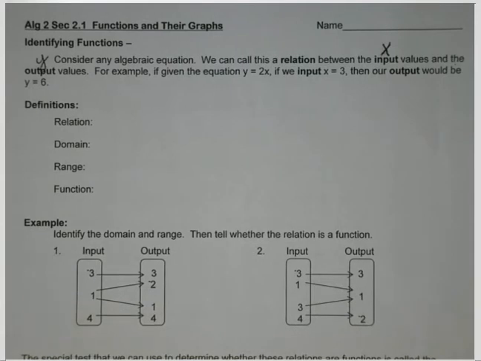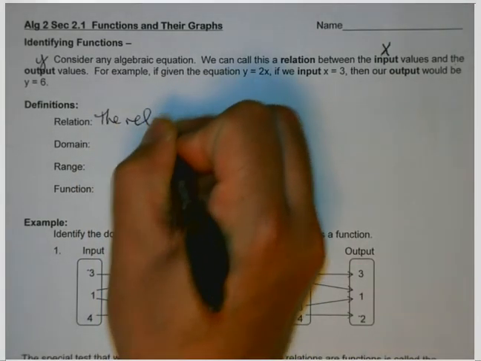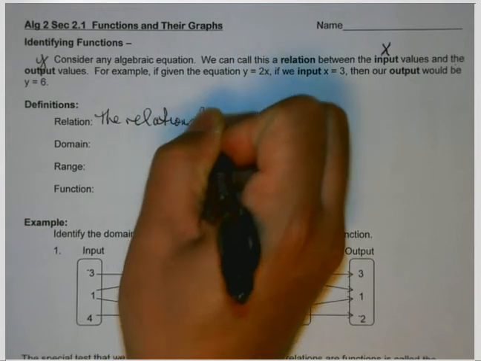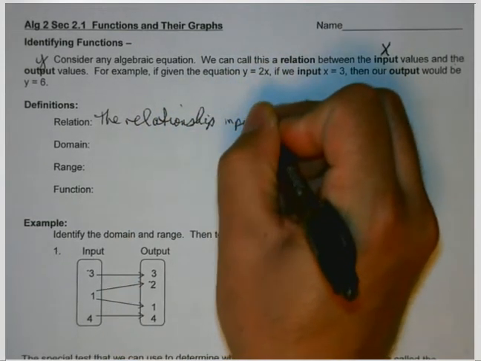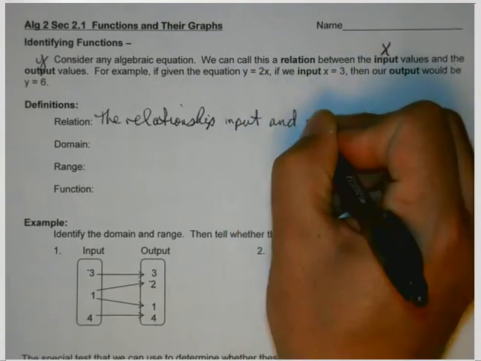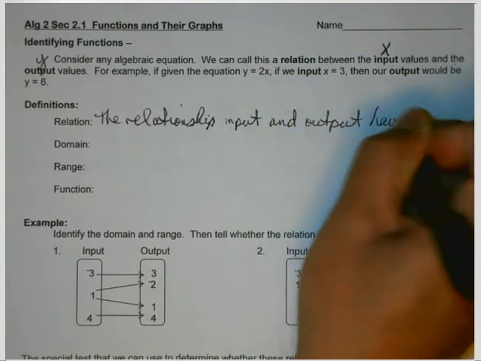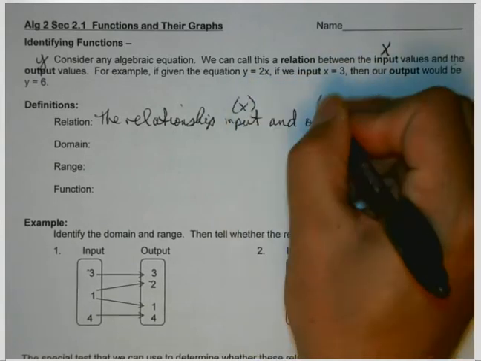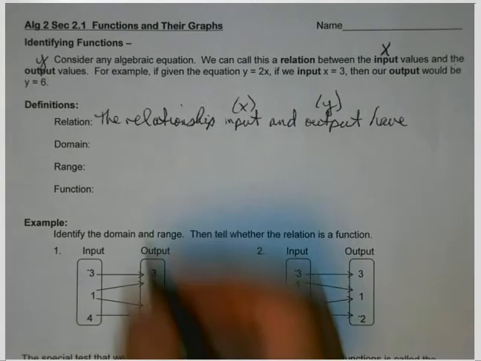So, kind of definitionally here in our math lingo, a relation is the relationship that your input and your output have. Again, your input being x and your output being y. Within that, you have what's called a domain and a range.